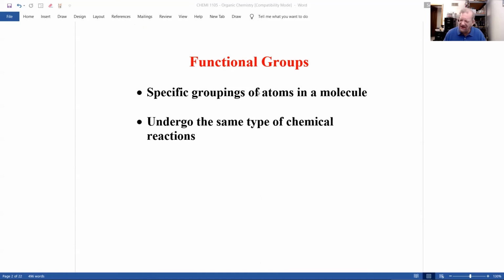And the beauty, and it is beautiful, now you know I'm an organic chemist, is that functional groups, whether in one molecule or a different one, when you react them with a certain reagent, always undergo the same type of chemical reactions. And that's why we learn functional groups in organic chemistry, because those are the key parts of a molecule that we use to make new things.